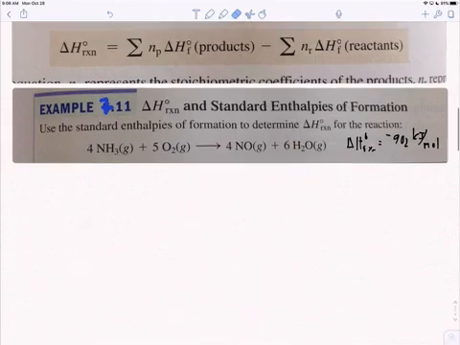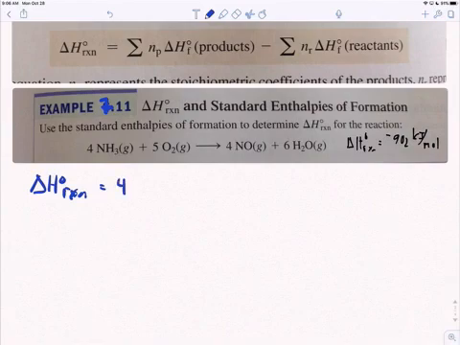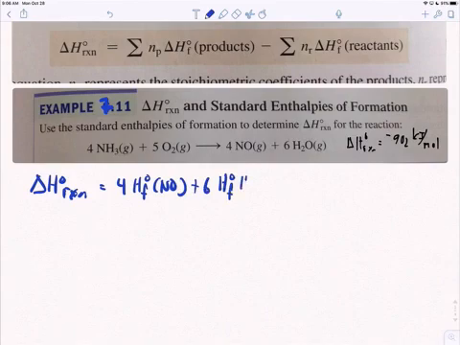So we apply this equation, and the delta H0 reaction is going to be products minus the reactants.